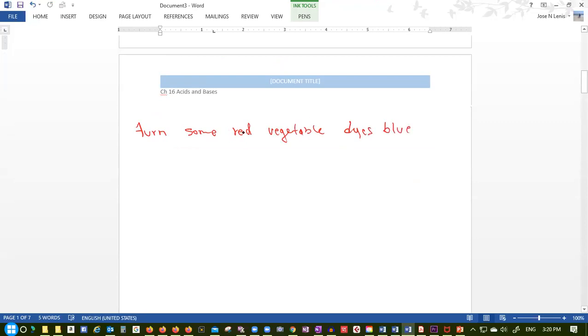So you have a red vegetable dye and you add a base, that color will turn blue in the presence of the base. So it's the opposite behavior as compared to the acids.